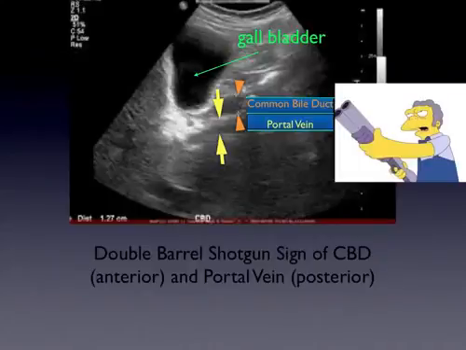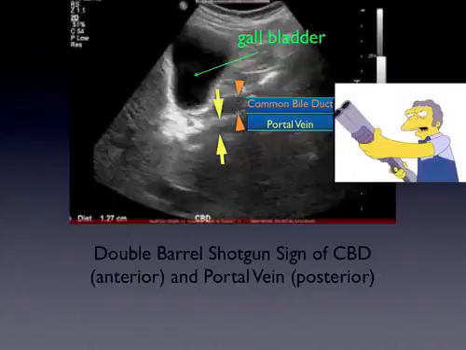There's something called the double barrel shotgun sign, where if you catch the gallbladder in this image, you can see that there are, between the orange colored arrows and the yellow colored arrows, two structures. The more anterior one is the CBD or common bile duct. Between the yellow lines, the more posterior one is the portal vein.